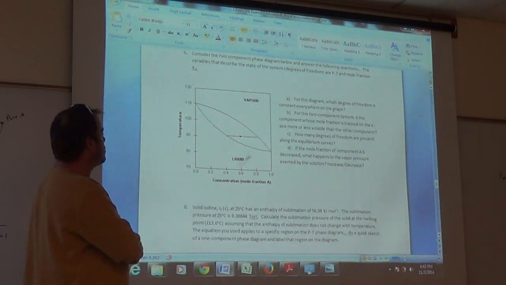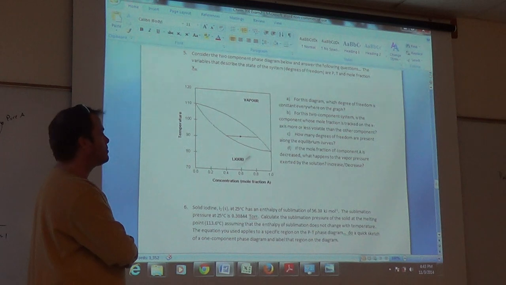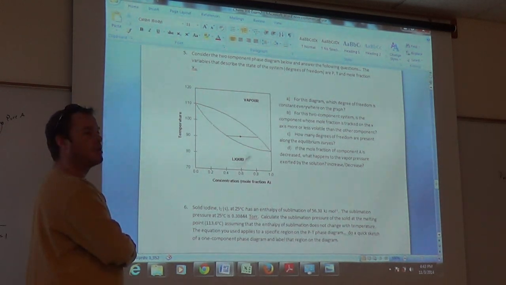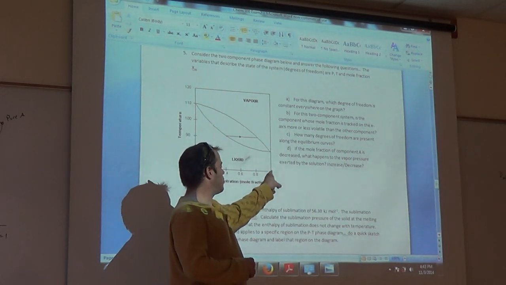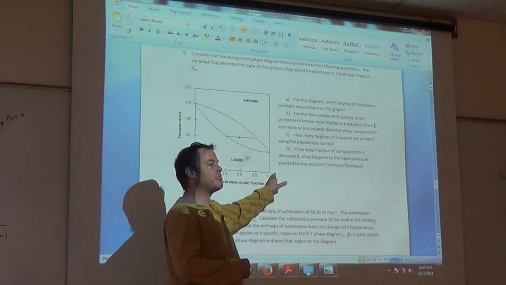So is the component whose mole fraction is tracked on the x-axis more or less volatile than the other component? Does it boil at a higher or lower temperature? When we're at the far end where the mole fraction is 1, then it's that pure component.